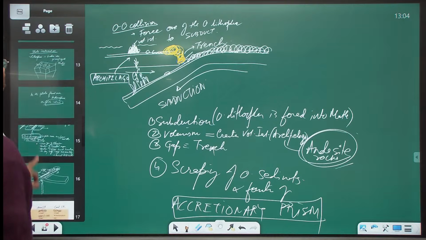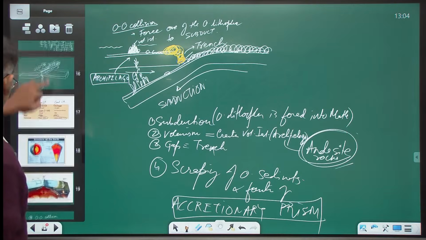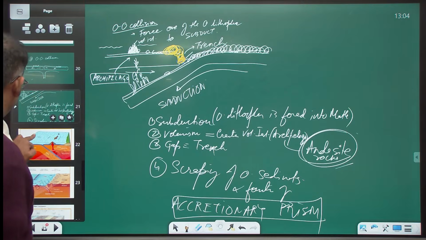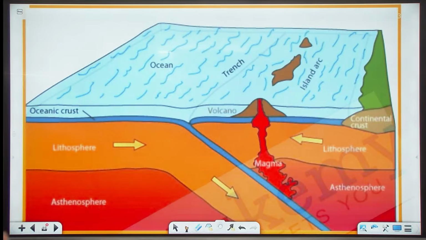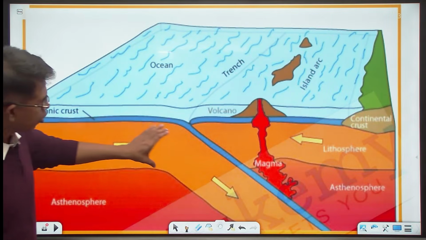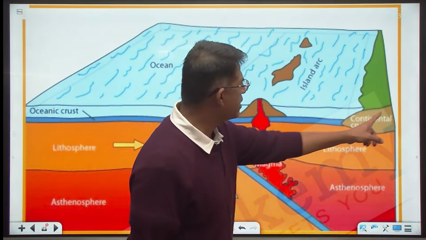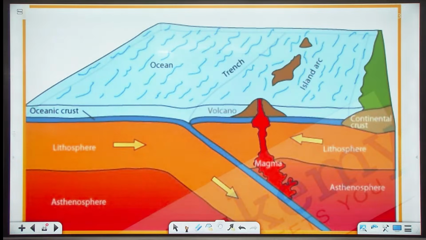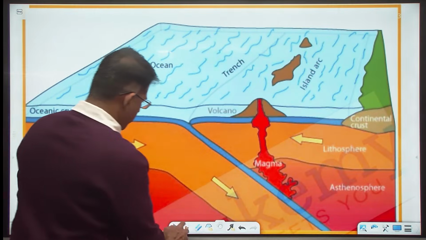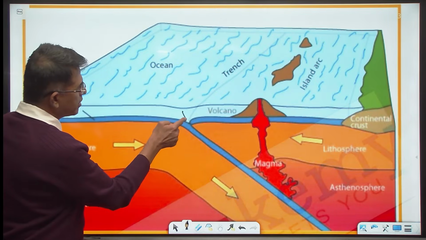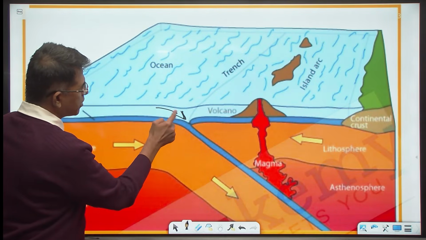So I showed this to you also. This one. Okay, so this is the ocean going down. This is another ocean and this is the continent. So this gap here, this is the trench.